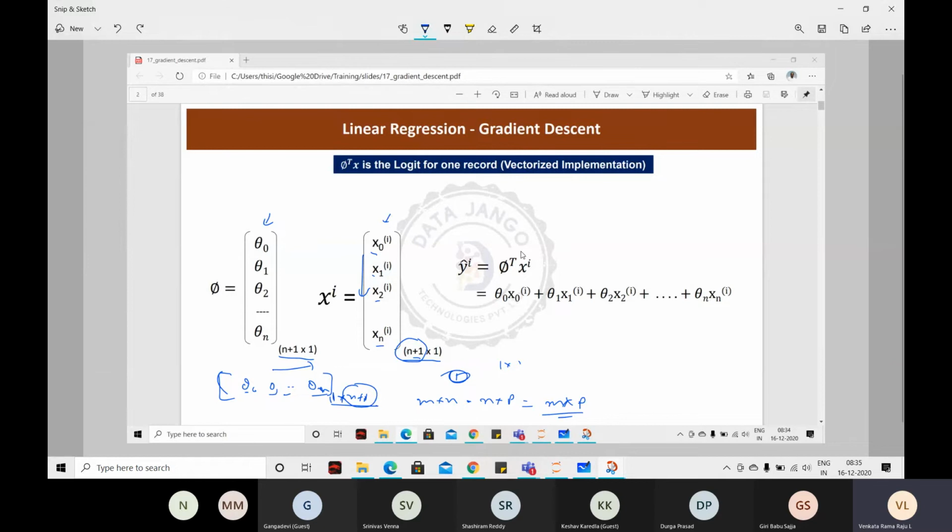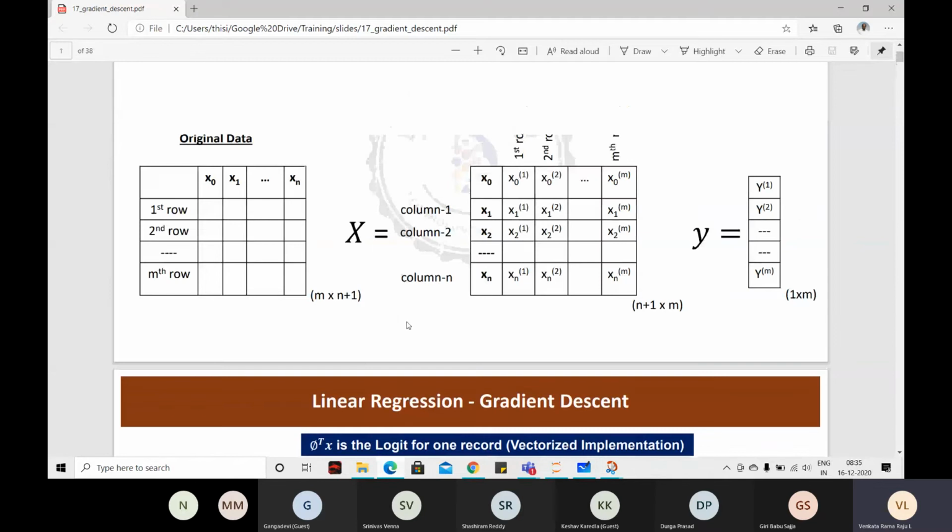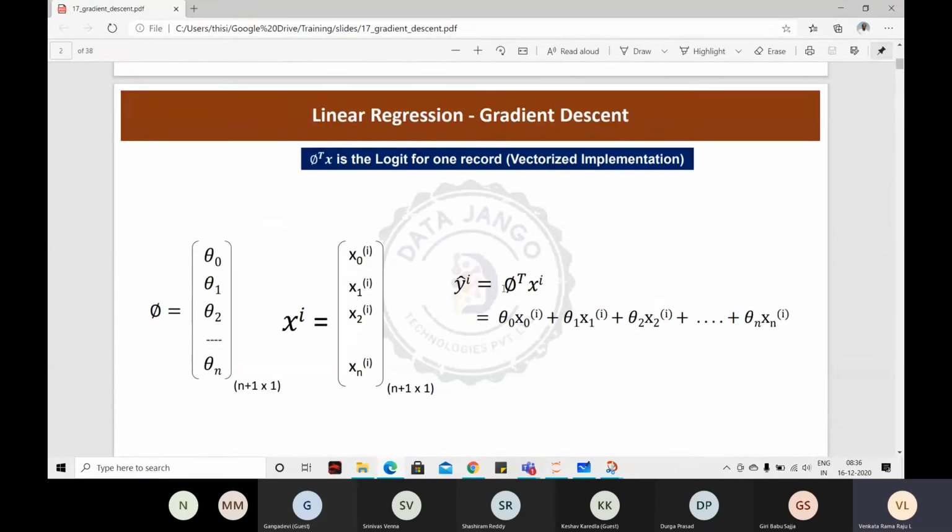Using matrices, you can actually calculate predictions. So when you represent your row as a column, you get this flexibility of calculating theta transpose x and calculating the predicted value. Now I can say theta transpose x is the predicted value.